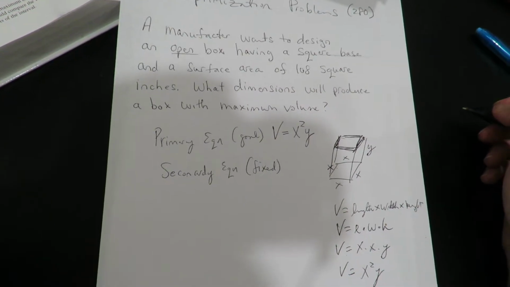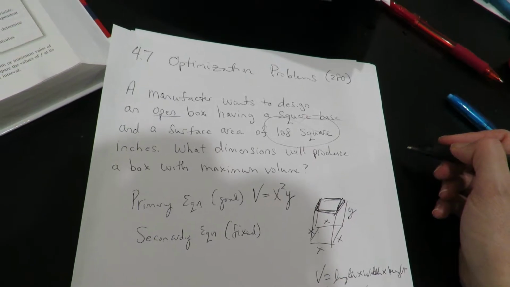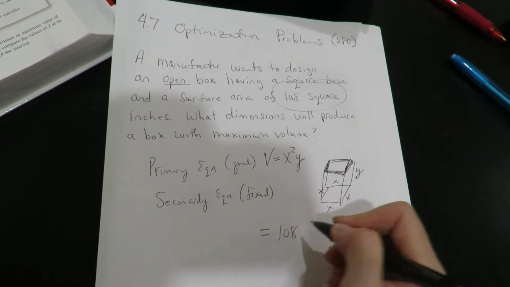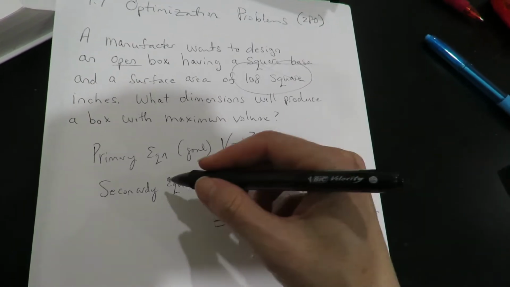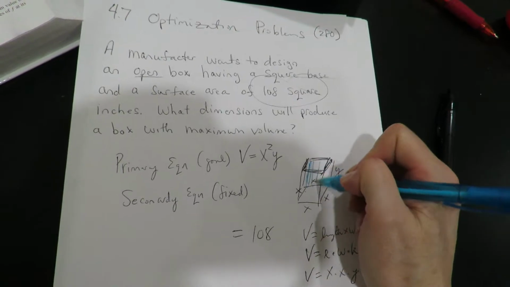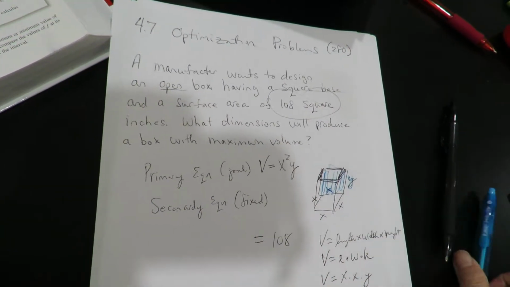Now the secondary is our fixed constraint. Our fixed constraint is that we have 108 square inches of surface area. So we have to figure out what the surface area of this is, and this will be our secondary equation. So this box has 4 sides. The sides are x by y.